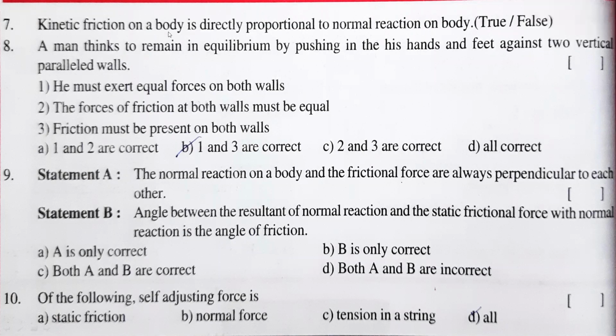See children, next question here. Kinetic friction on a body is directly proportional to normal reaction on the body, they give. Now let us see the question. How kinetic friction will depend on the normal reaction on the body.